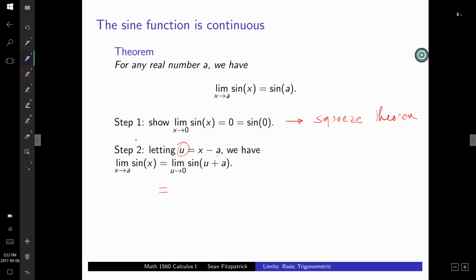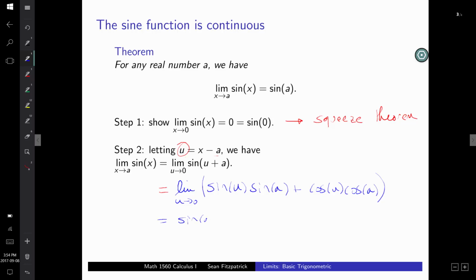Next step, we have to bring in a trig identity. There is a trig identity that deals with when you have a sum inside the sine function, and it looks something like this: sine u sine a plus cos u times cos a. And now you play around with the limit laws, and keep in mind that a is a constant, so sine of a and cos of a are constants.